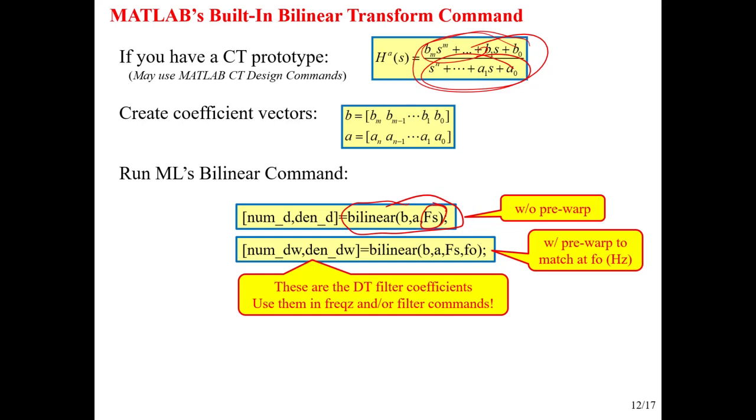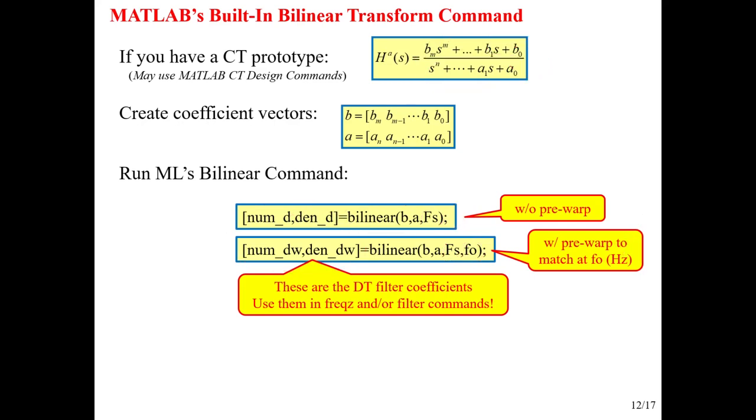Or if I want to use pre-warping, I tell it what the FS is, and then I tell it what frequency in hertz I would like the pre-warp to match. And then it will give me the discrete time filter's numerical coefficients.